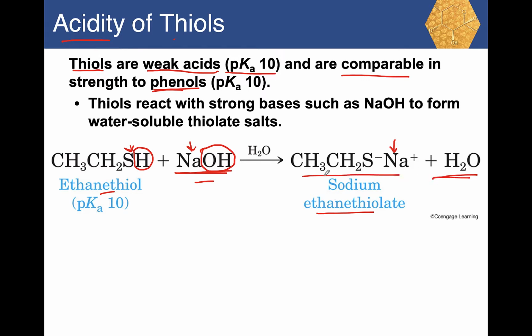A salt here is defined as a compound that is ionic, a positive and a negative. So that is the reaction of thiols with a base, the removal of the hydrogen that's bonded to sulfur. Notice it's not any of these hydrogens here, but the hydrogen that's bonded to sulfur is acidic.